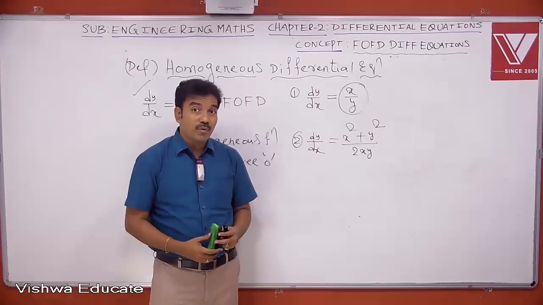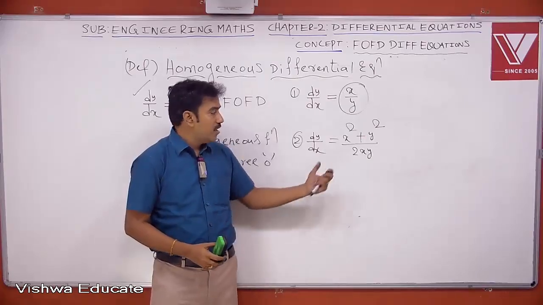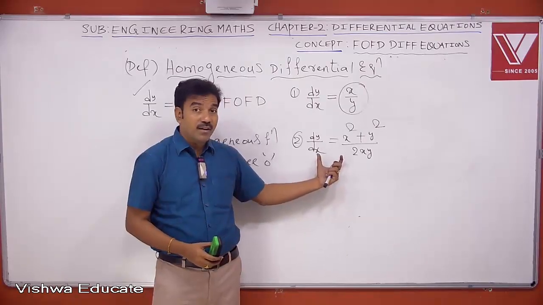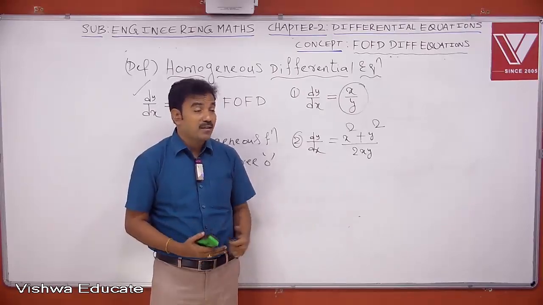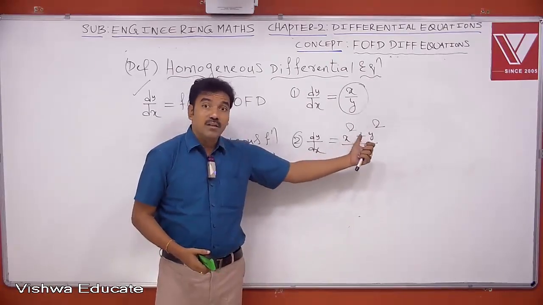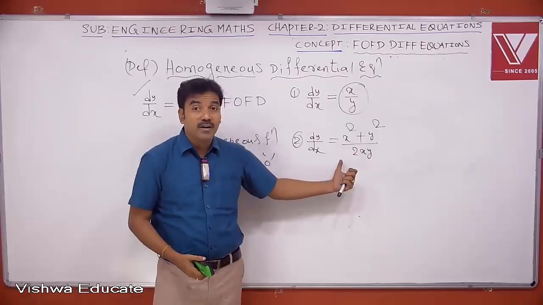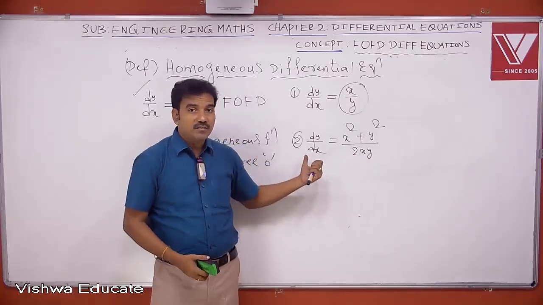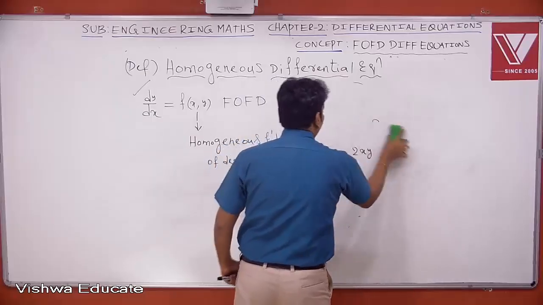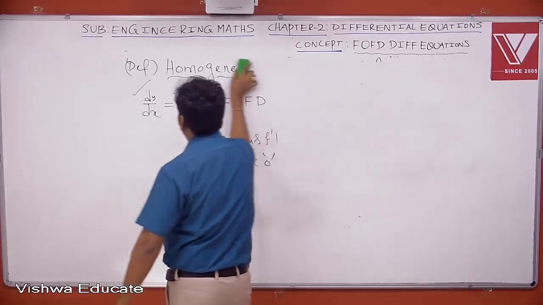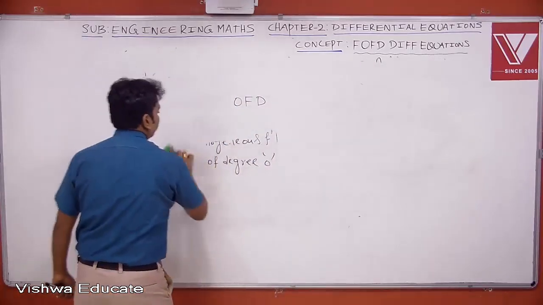If you want to apply method 1, variables must be separated, but between x square and y square there is a plus symbol, so you can't separate x and y. So our next task is solving homogeneous differential equations, that is method number 2.